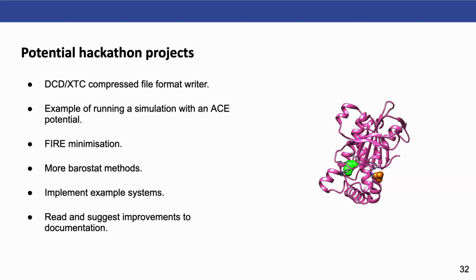If you want to implement your cool example system and add it to the Molly docs, then absolutely go ahead. We have a big examples page, or just reading and improving the documentation.